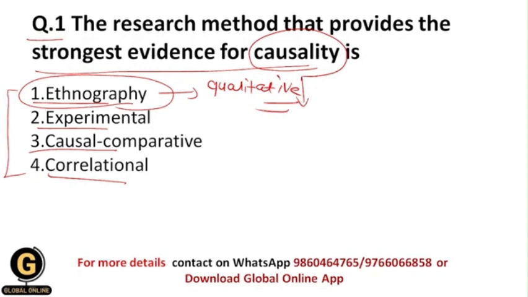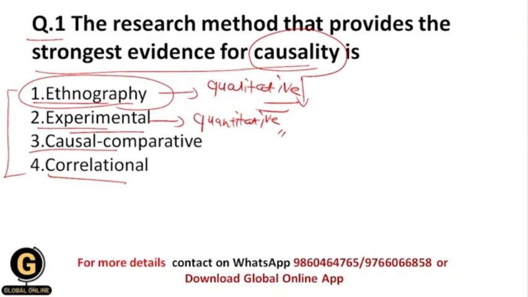The experimental research method is basically a quantitative research method, within which a researcher manipulates the independent variable and sees its effects on the dependent variable.